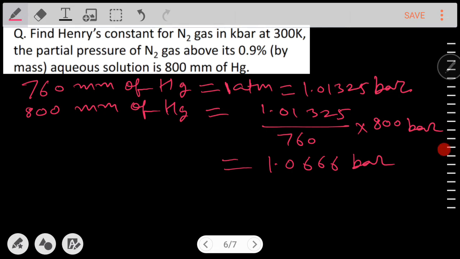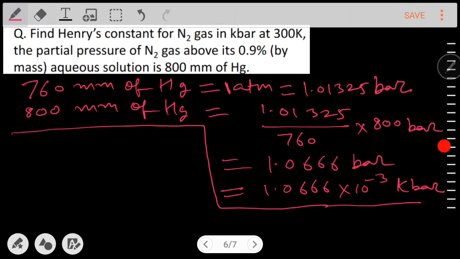On converting it into kilobar, you have to divide again by 1000, so it becomes 1.0666 into 10 to the power minus 3 kilobar. So in this way we may convert 800 mm of Hg into kilobar.